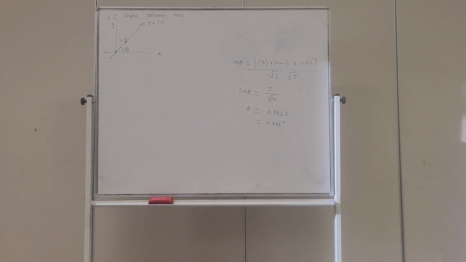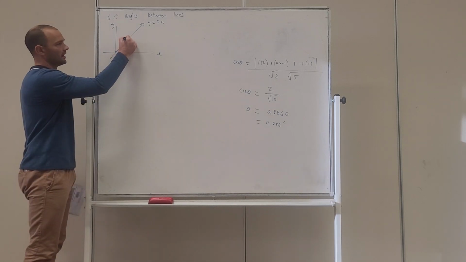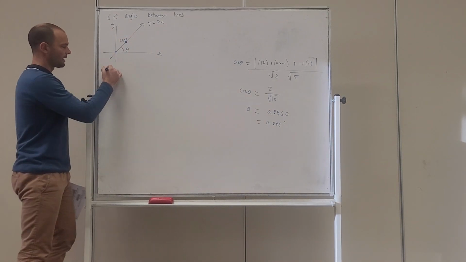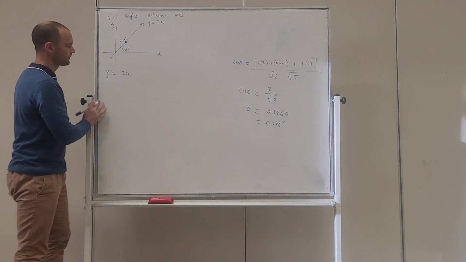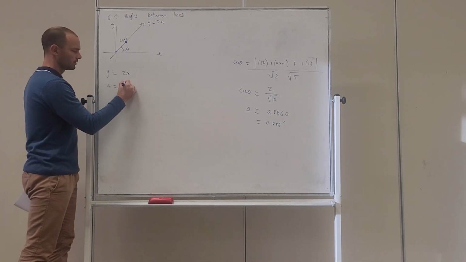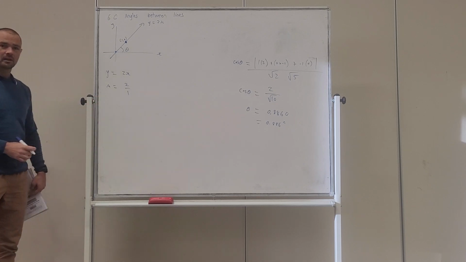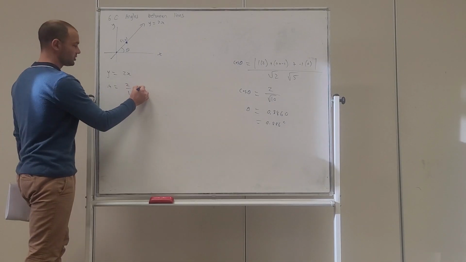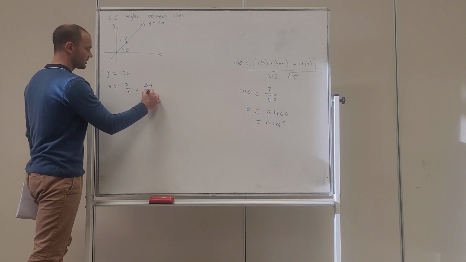Now I'm going to show you two techniques. We will use the vector techniques that we've been talking about. If you consider the line y equals 2x, what that means is it has a slope of 2 on 1, and what is slope but change in y divided by change in x.